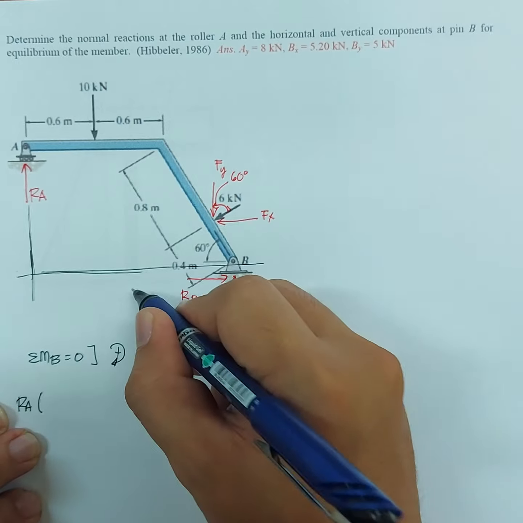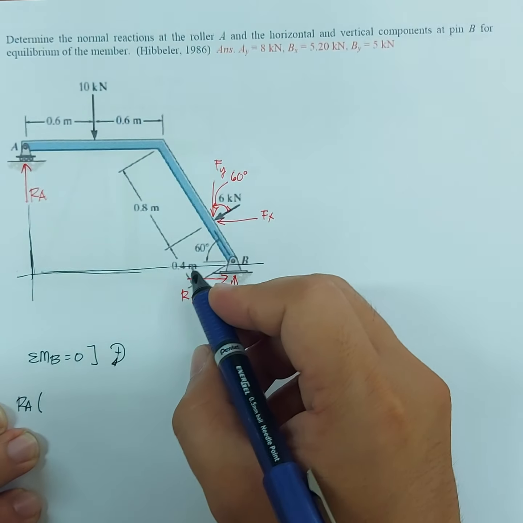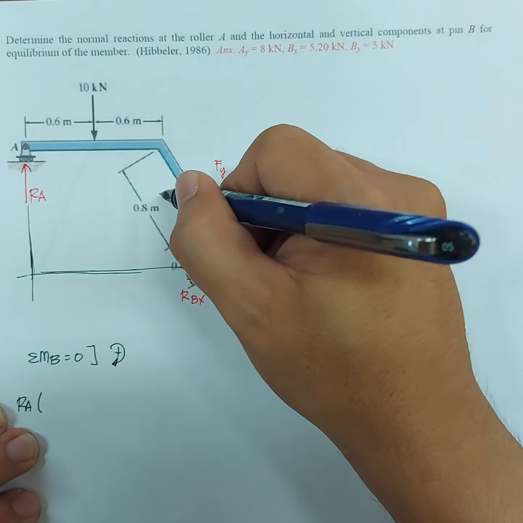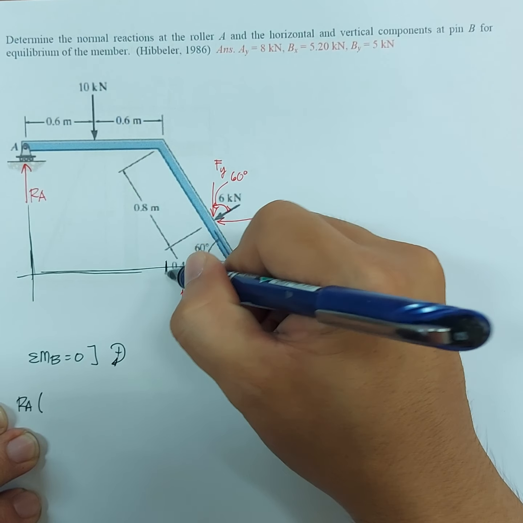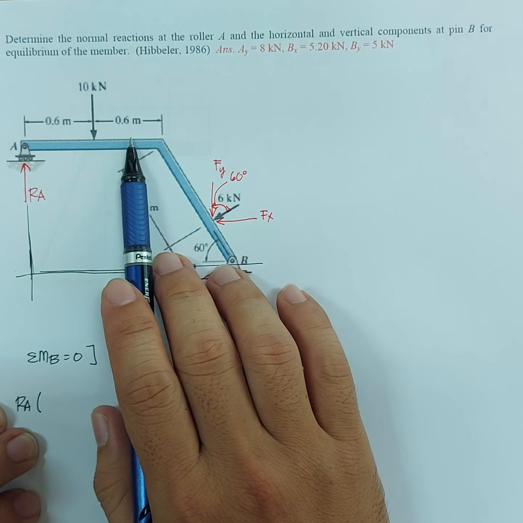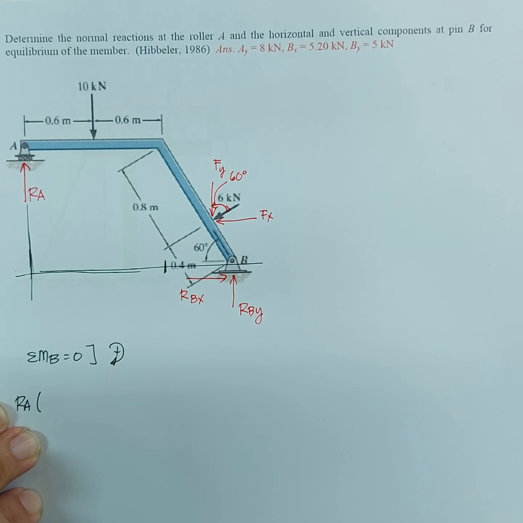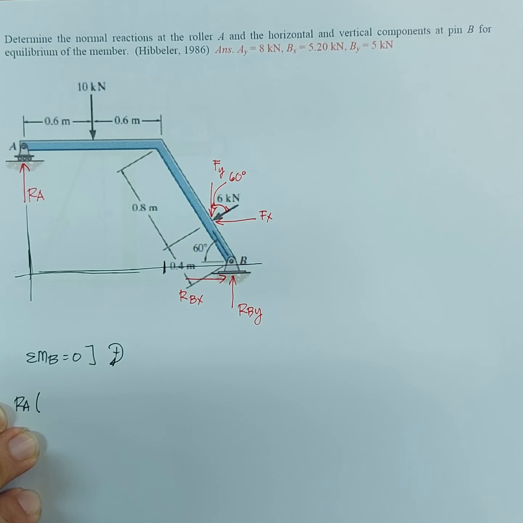Anong distance ito? So it is 0.6 hanggang dito, that is 0.6 plus 0.6, so that is 1.2 meters ito.